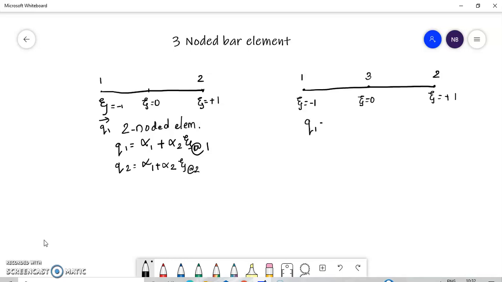So in the same way, here it will be alpha 1 plus alpha 2 zeta at 1 plus alpha 3 zeta square at 1. There is an additional term here, alpha 3.